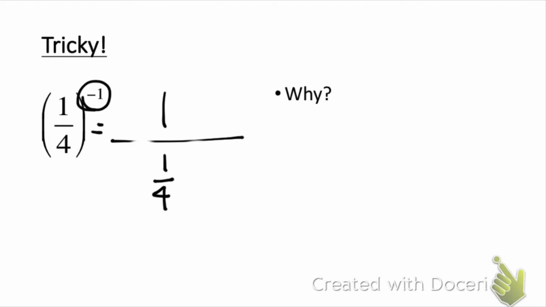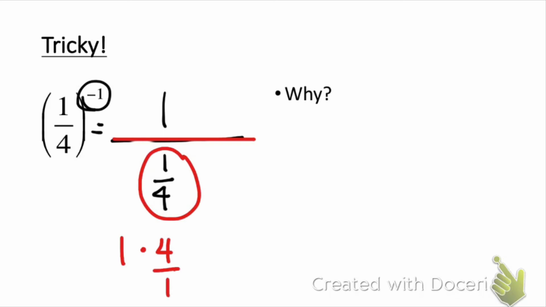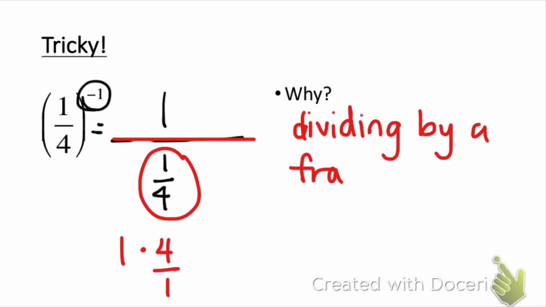Well, you may remember that dividing, right here, because we're dividing by a fraction is like multiplying by the reciprocal. So I have 1 times, now I'm taking the reciprocal of 1 over 4, which is 4 over 1. Okay, so please remember, dividing by a fraction is the same thing as multiplying by the reciprocal.